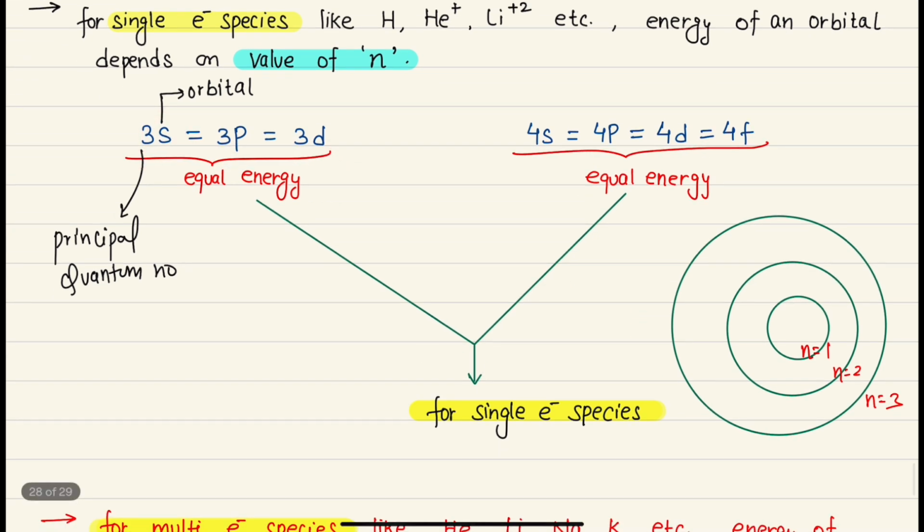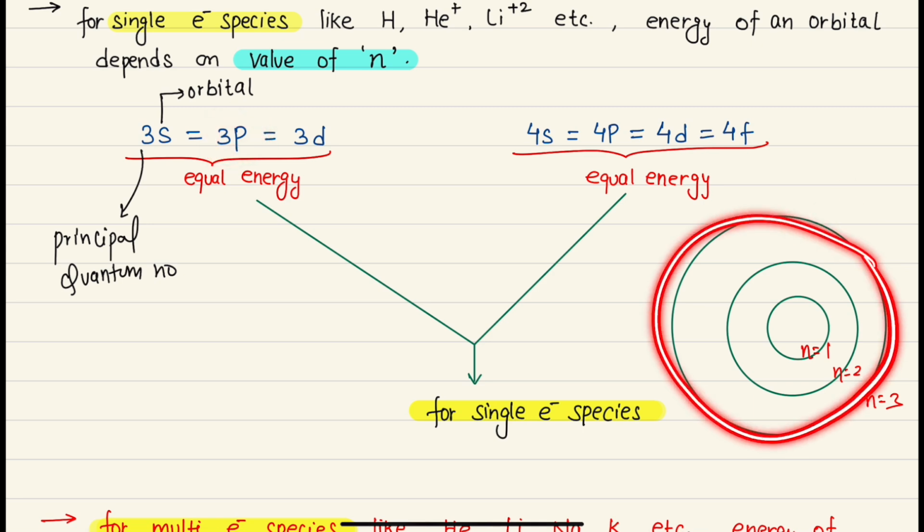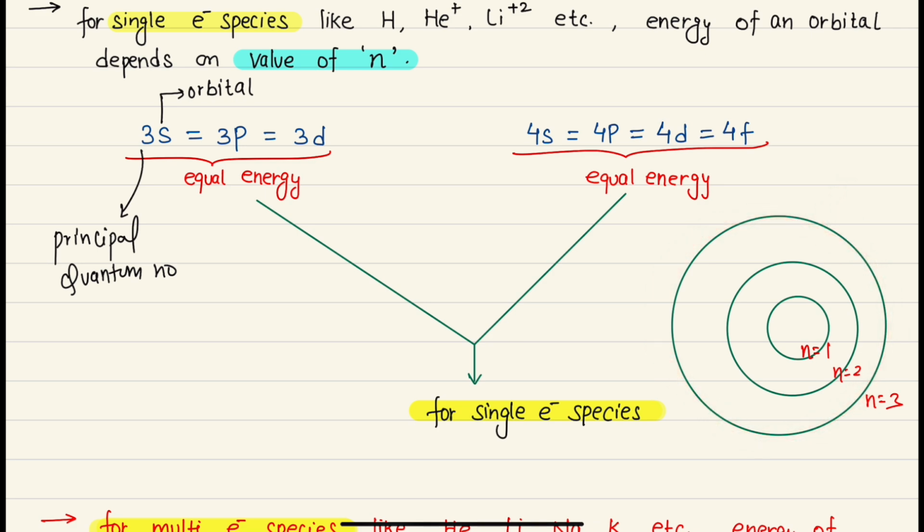Suppose here you have the atom with the nucleus, and here I take the third shell, that is the third energy level, n equal to 3. So 3s means the s orbital present in the third shell, and that is called 3s. 3p means in the third shell you have the p orbital, that is called 3p. 3d means in the third shell you have the d orbital, that is called 3d.